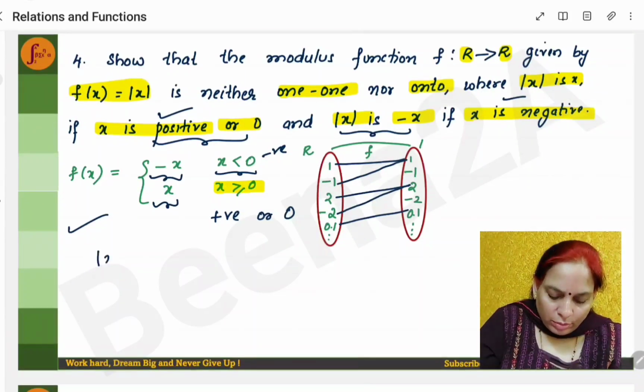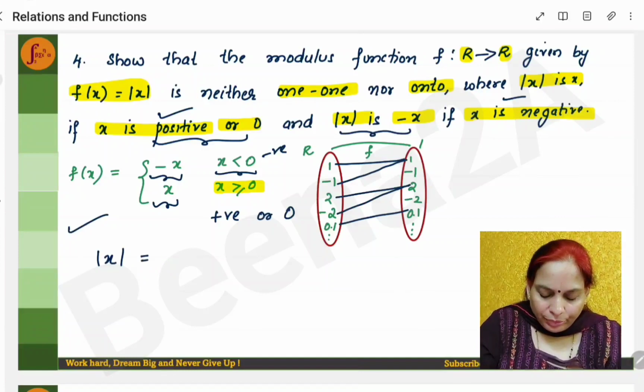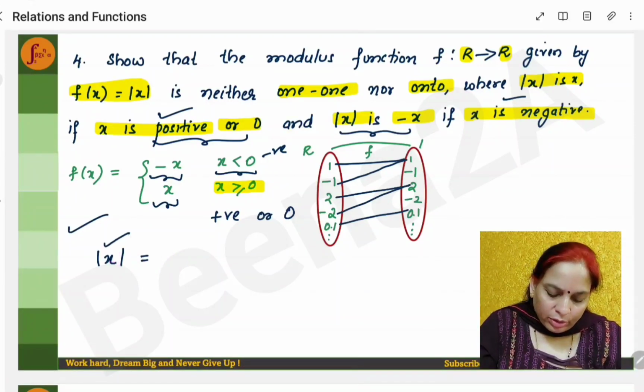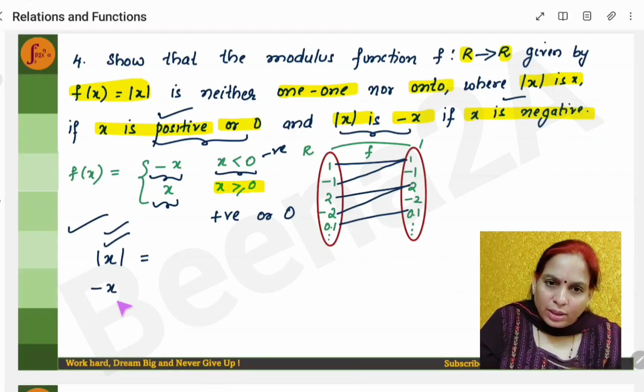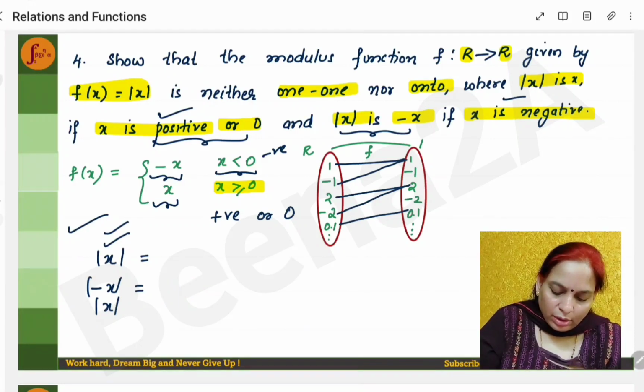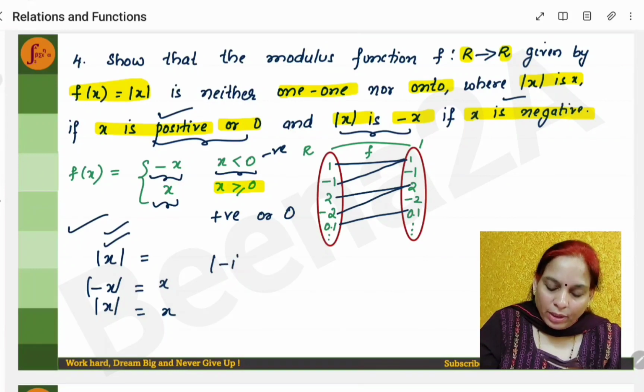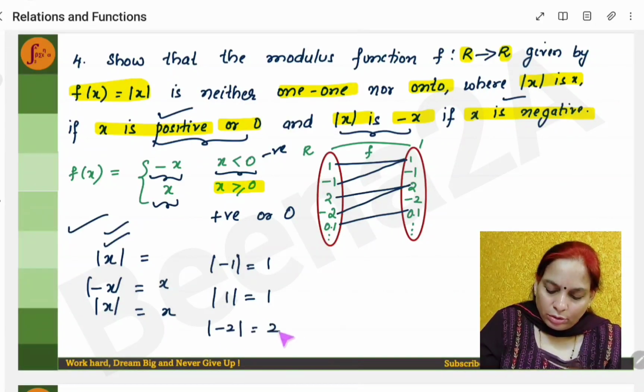So what is the modulus function? Whether you take positive x or negative x, whether you take minus x or plus x, modulus will always give you plus x only. So if I take modulus of minus 1, it's going to be 1. If I take modulus of plus 1, then it's going to be 1. Modulus of minus 2 is 2. Modulus of 2 is also 2.